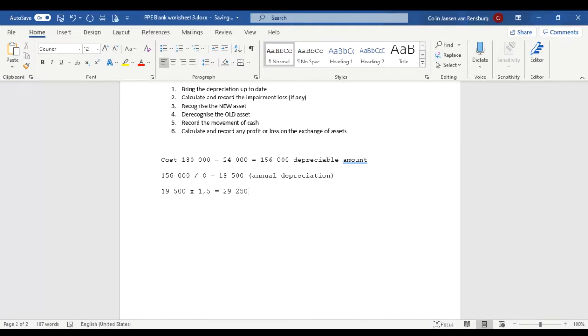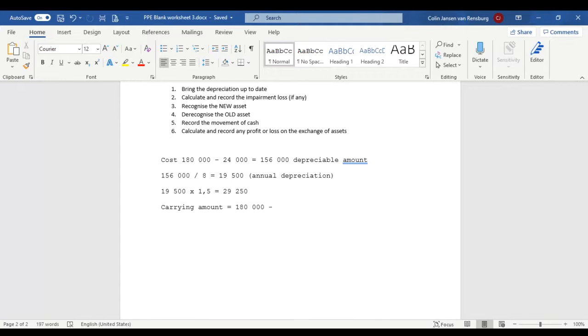So that is 29,250. Okay, so now we've got to go and determine the carrying amount on that date that the asset exchange has taken place. So what is going to be the carrying amount? It is going to be the cost of 180,000 rands minus the accumulated depreciation. Remember, we've accumulated depreciation now, 19,500 rands for the previous year and half of 19,500 rands for this current year.